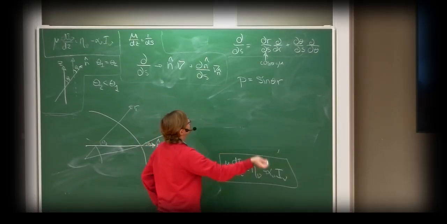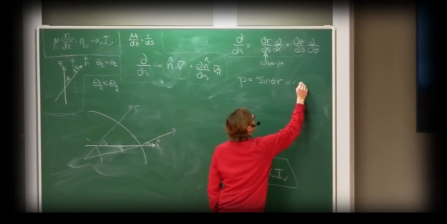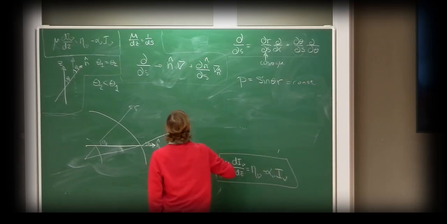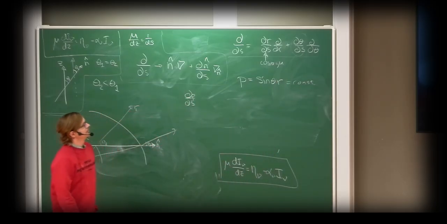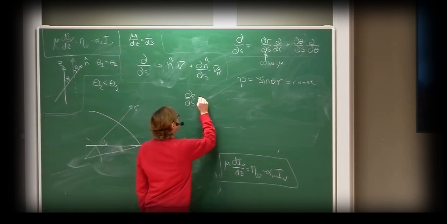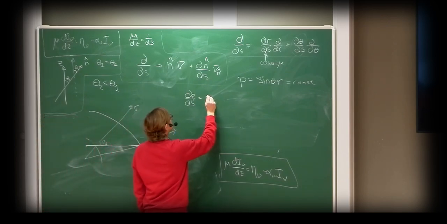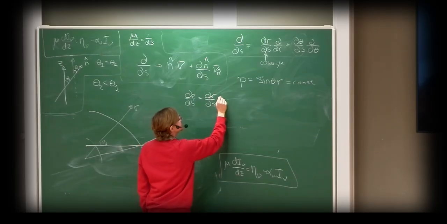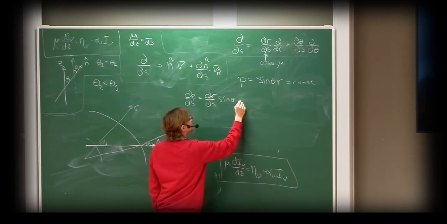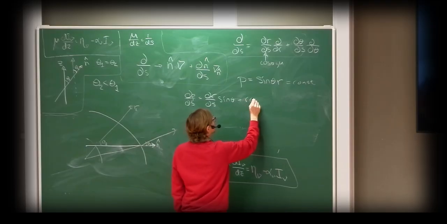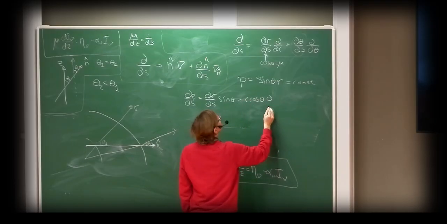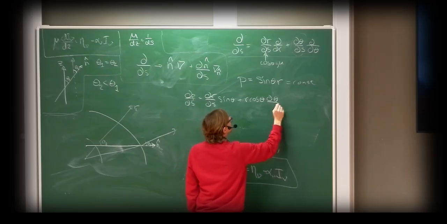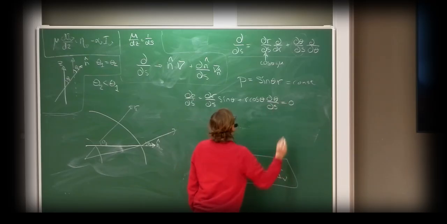Say that this is a constant now, and then we can take d/ds on that one. So that's just dr/ds sine theta plus r cos theta dtheta/ds, and that will be 0.